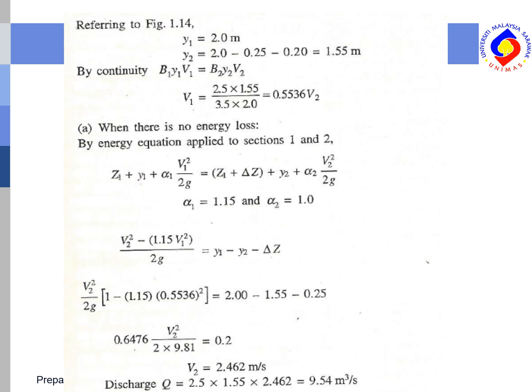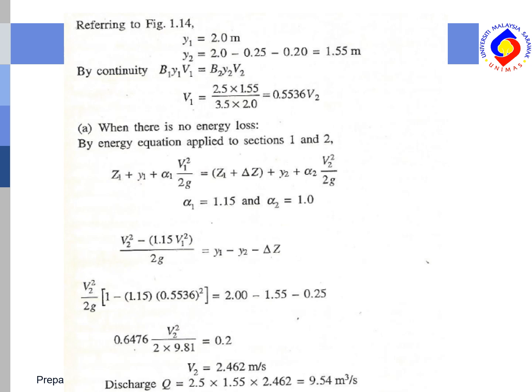So, to solve this problem, first we need to calculate the flow depth at section 2. If we refer back to figure 1.14, at section 1, Y1, the flow depth is 2 meters.